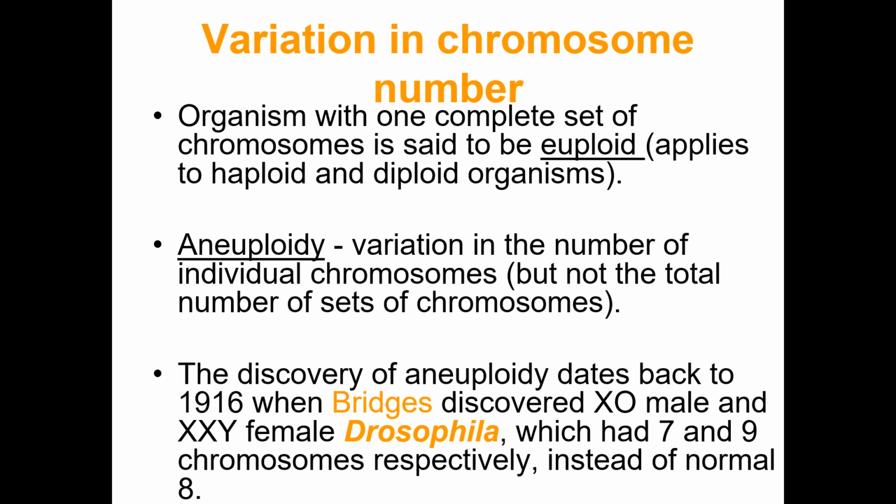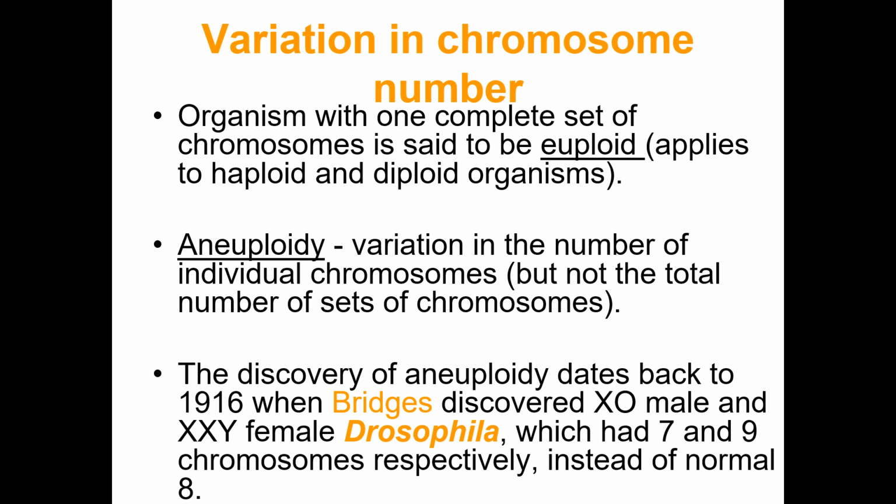It applies to both haploid and diploid conditions, because that organism will have complete sets of chromosomes, and such organisms are called euploids. Suppose there is a variation, they are known by different names. One is aneuploidy. Aneuploidy is the variation in the number of individual chromosomes.